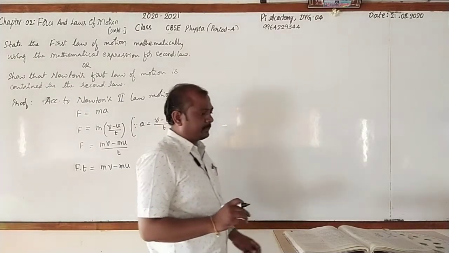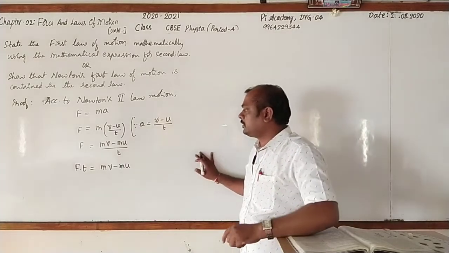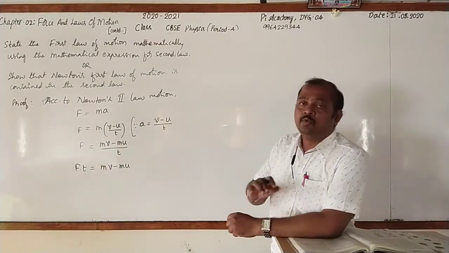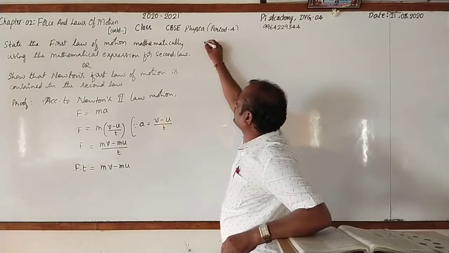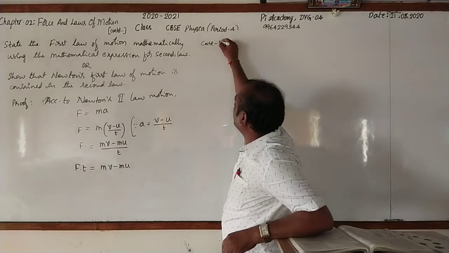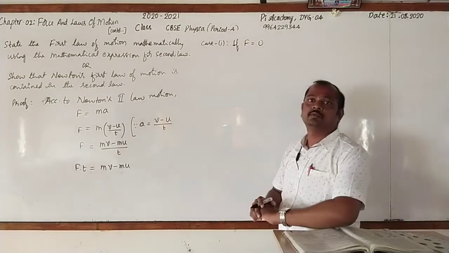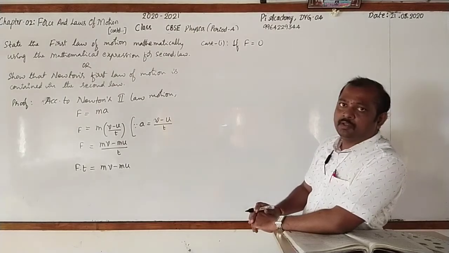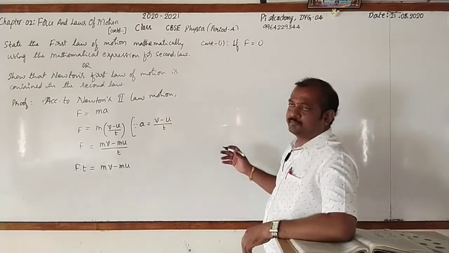Dear students, suppose when no force is applied, that means here I'll write case 1. If F equal to 0, then what it will be? No force is applied for some time.